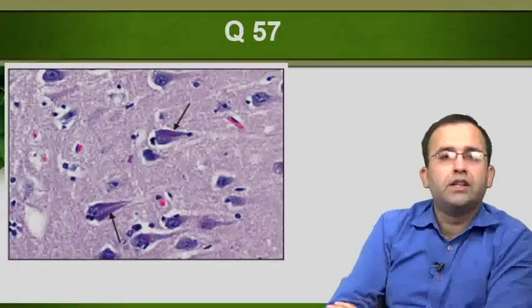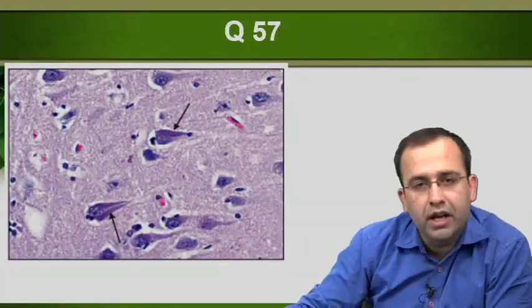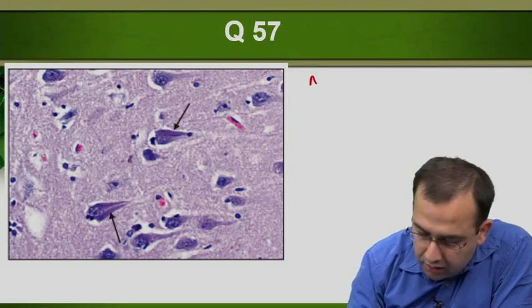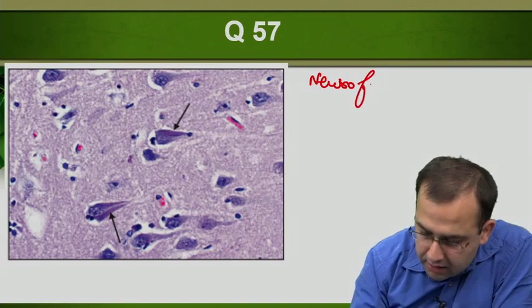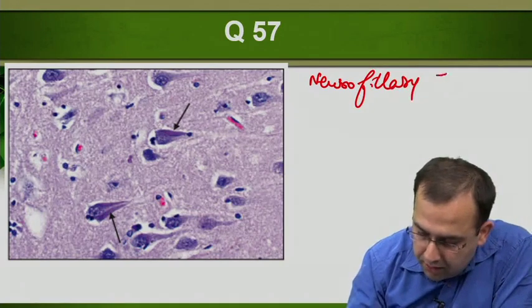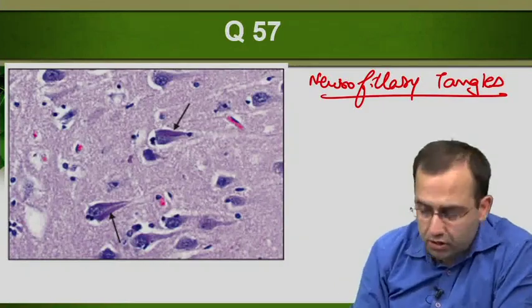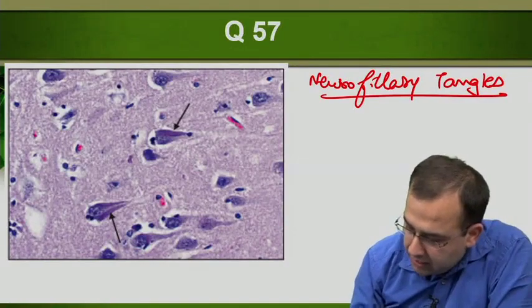Next, diagnosis. What we see here are the neurofibrillary tangles. It is marked with an arrow also.